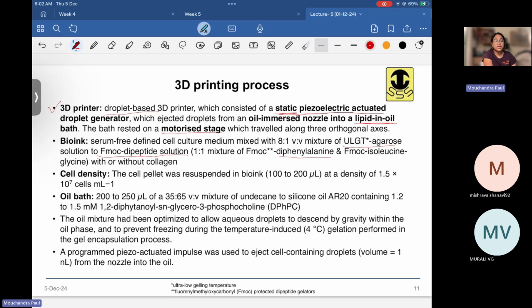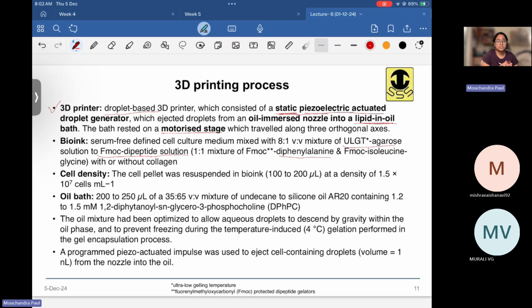Okay. So why did they use these dipeptides? Because they can bond with each other, forming weak bonds, and form a weak hydrogen network. Okay.